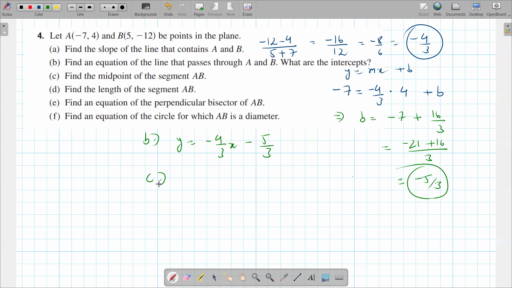Exactly, very simple. To find the midpoint, you simply add them and divide by 2. So for the x midpoint, it'll be this. For the y midpoint, it'll be this. So that's -1. That's -8 over 2, -4. Easy peasy.